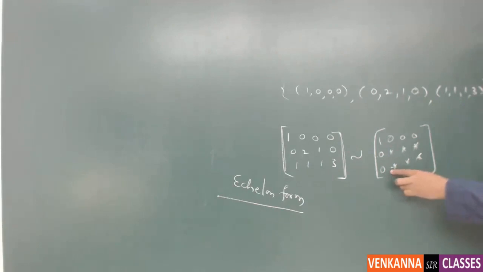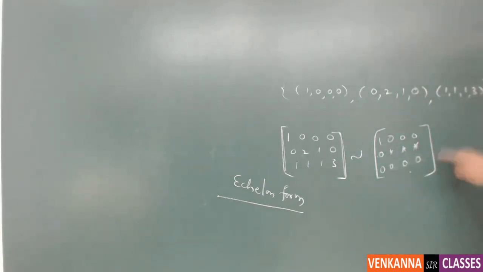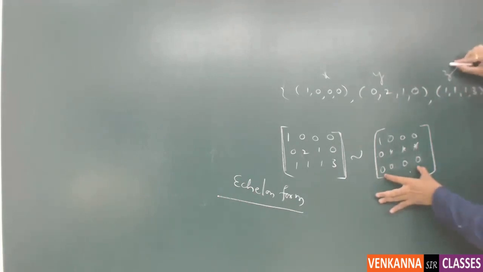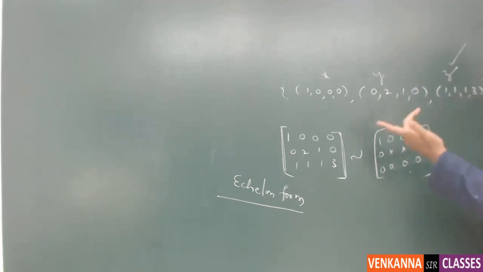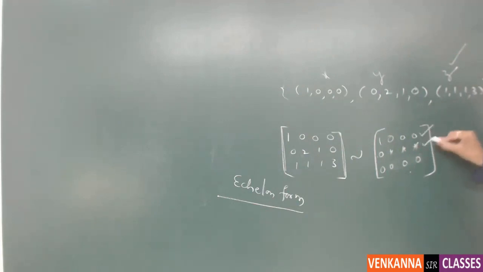Now if the last row has become 0 completely, it means that if we have given names x, y, z, the last row corresponds to the vector z. So z is a dependent vector which is removed by applying row operations. The remaining 2 vectors, whatever the values come here, are linearly independent and they will constitute a basis for the space.